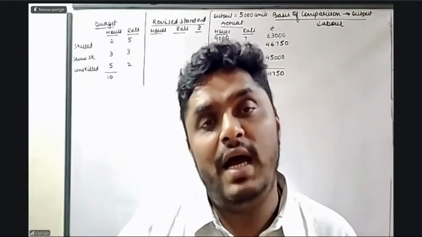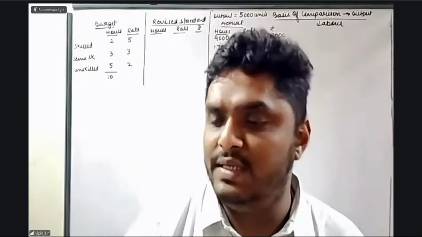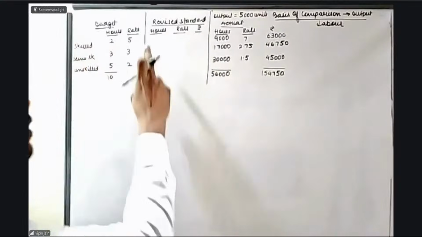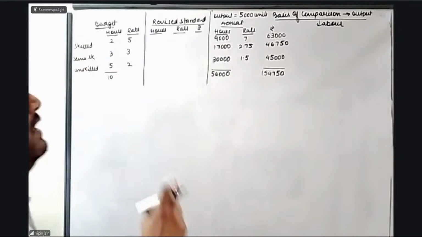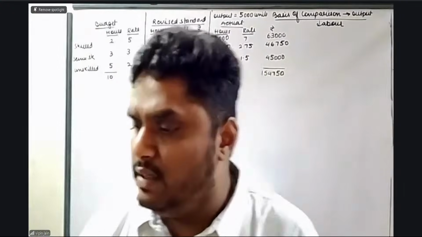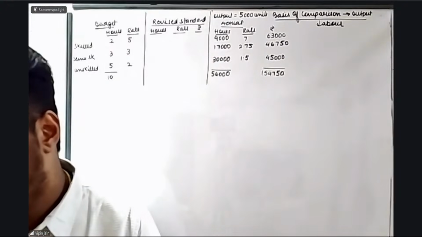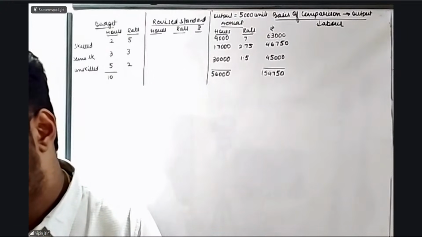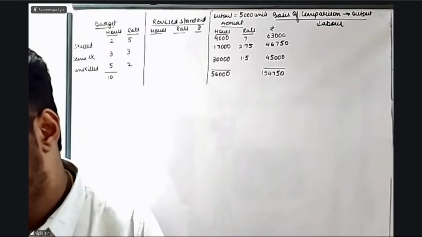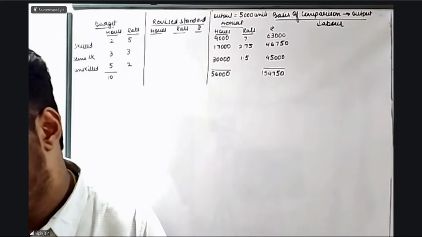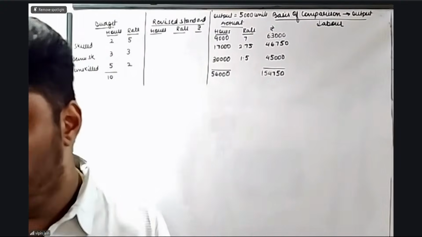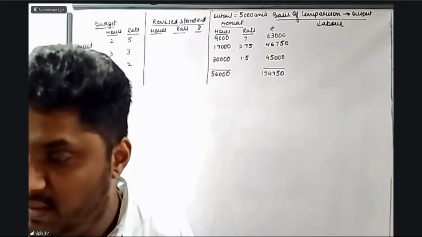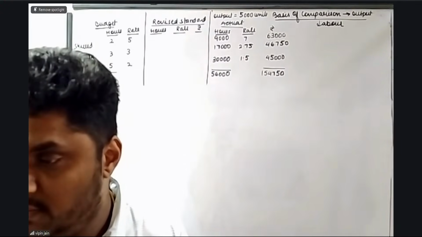Now the question is how, with the same concept we discussed in material. Can you tell me what will be the revised standard quantity of skilled, semi-skilled and unskilled? Just post your answers.